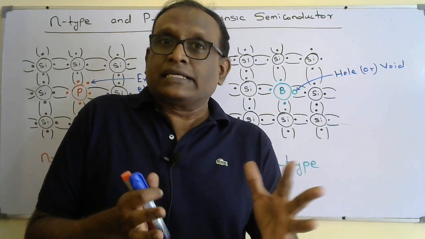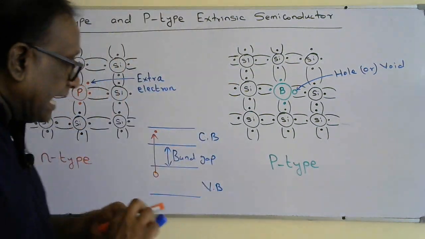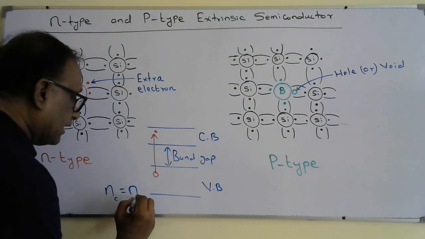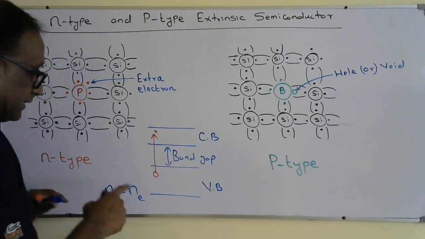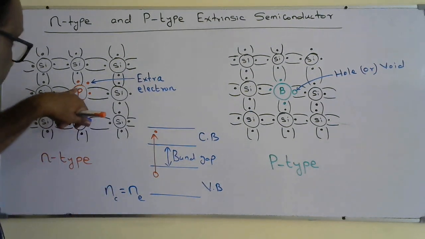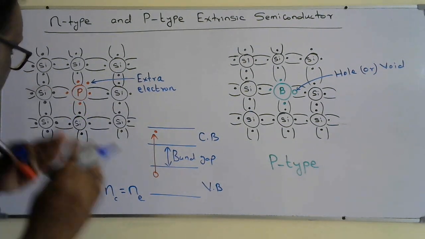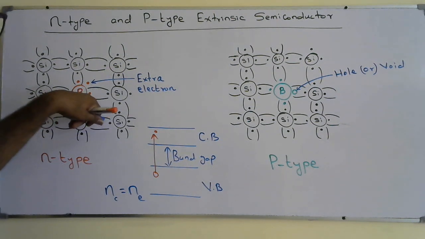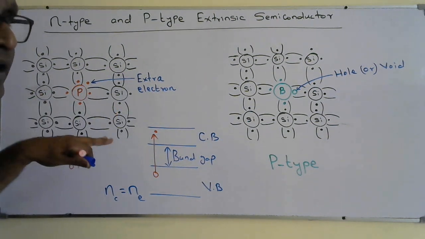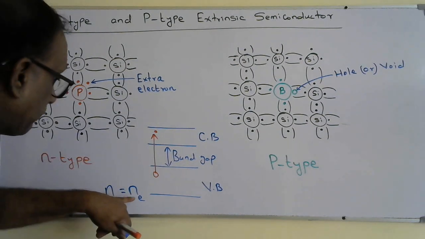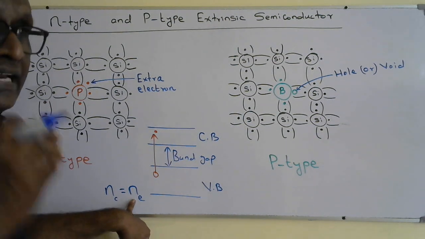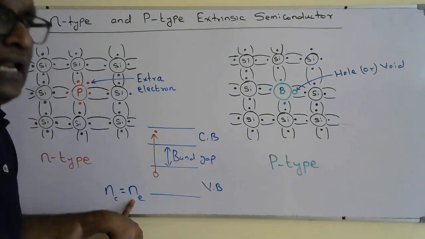The intrinsic semiconductor initially had the same number of holes and electrons. Now the number of electrons in the conduction band will increase by 10 million, because 10 million phosphorus atoms are doped into the intrinsic semiconductor to form the extrinsic semiconductor.